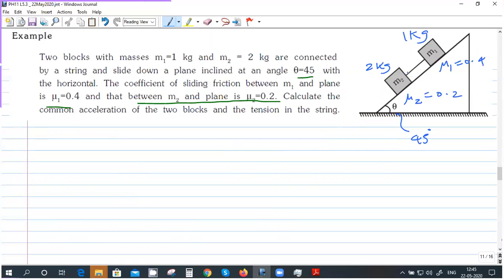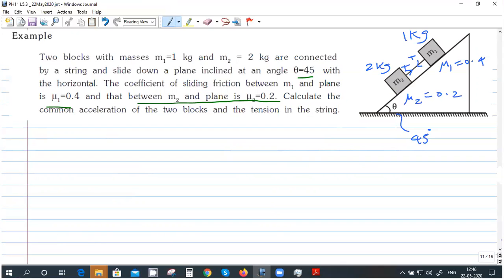There will be tension, which is pulling one block up, and tension here will be pulling the other block down. Tension will always pull. So for m1 the tension is pulling it down, and for m2 the tension is pulling it up. Is it clear? Bhavya? Yes, sir.